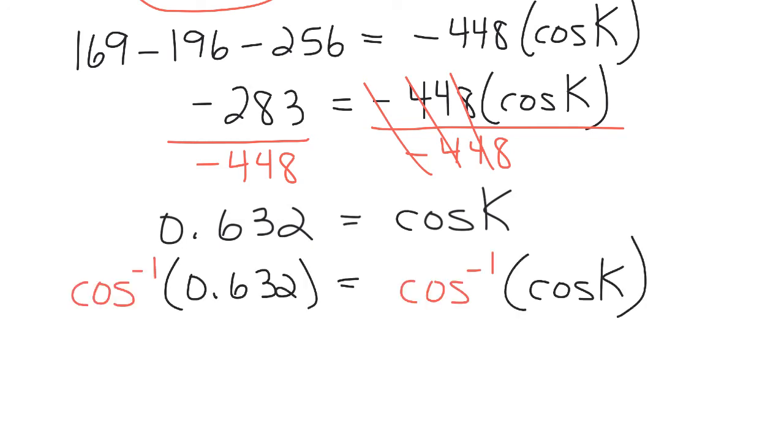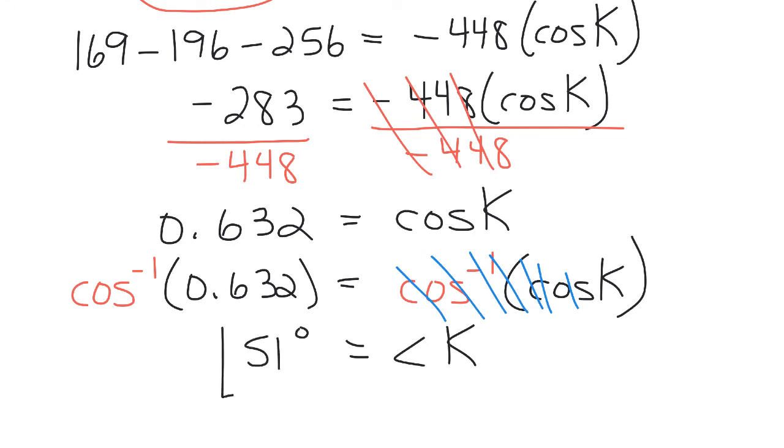By taking the inverse, you are canceling out the cosine on the right-hand side of your equation, and so that's going to leave you with angle K. In your calculator, you are going to enter the inverse cosine of 0.632. And if you round your final answer to the nearest degree or the nearest whole number, your answer for angle K will work out to be 51 degrees.